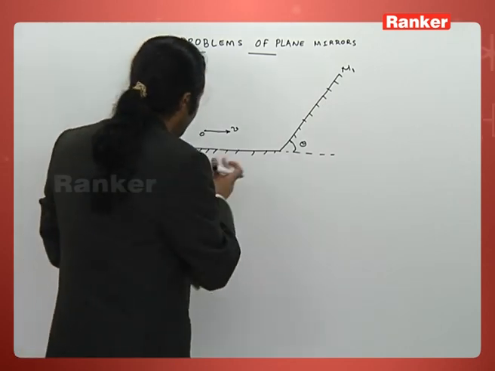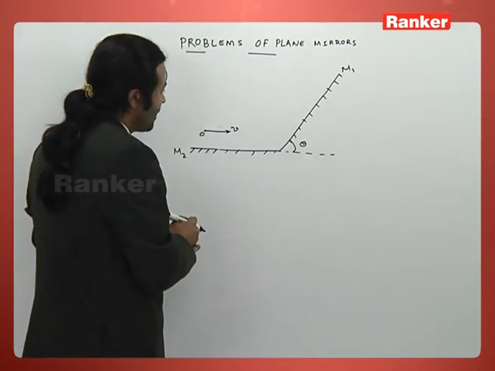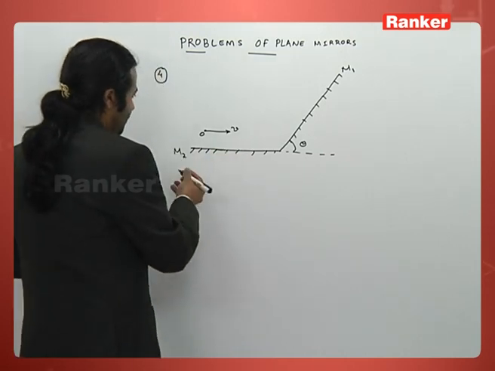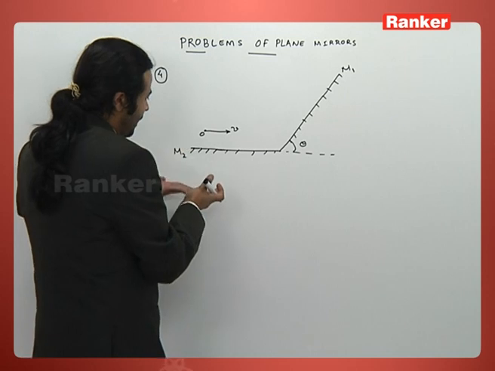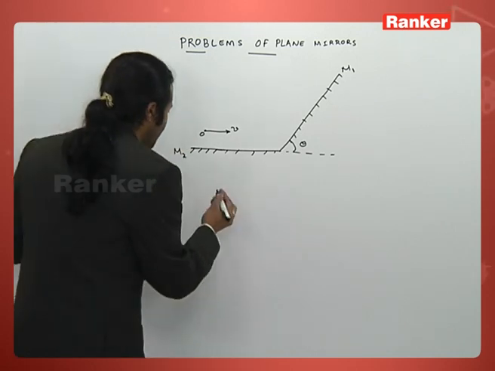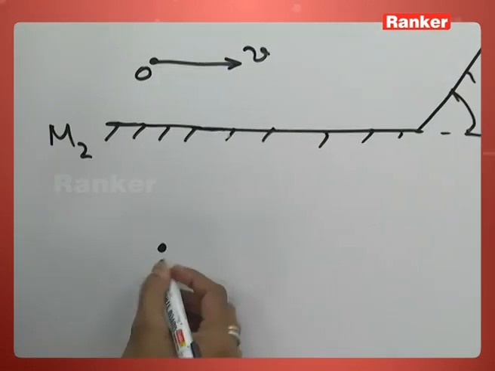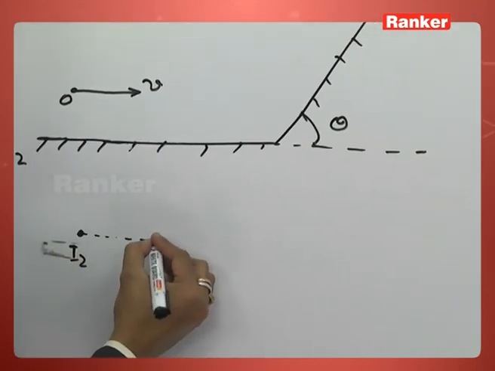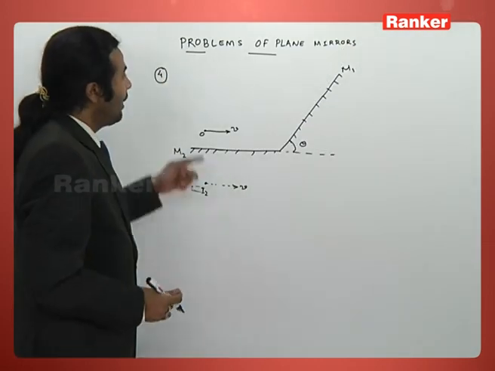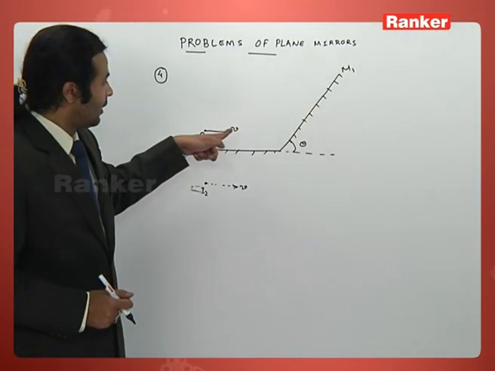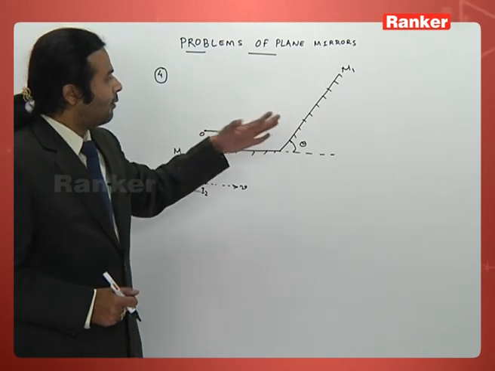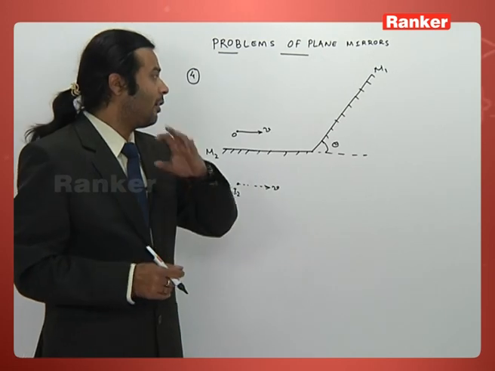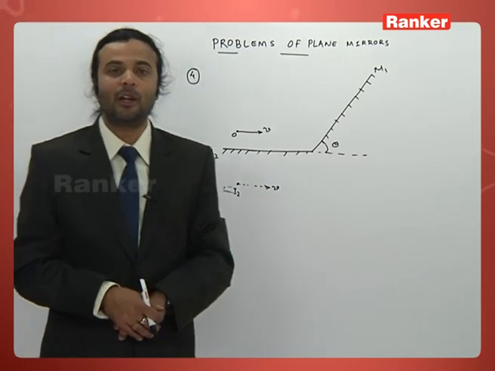Now I have seen many students do it in a very different way, but we will go with a very simple approach. First of all, in mirror M2, obviously the image will be the same, parallel, like this. Let it be I2. Same v. But when we go to mirror M1, I always said, whatever the orientation of the mirror, the mirror always reflects the perpendicular component.